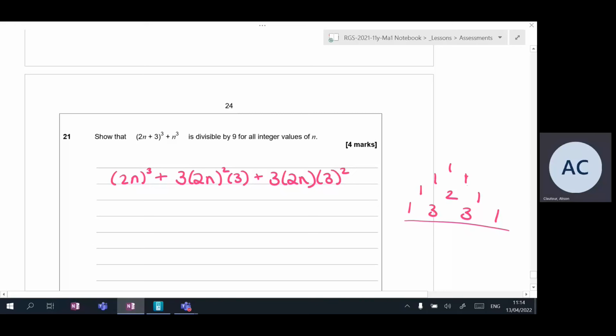The 3's are going up in powers, and then 3 cubed, and then plus n cubed on the end. We've got 8n cubed. 3 times 3 is 9, times 4 is 36n squared. Then 9 times 2.